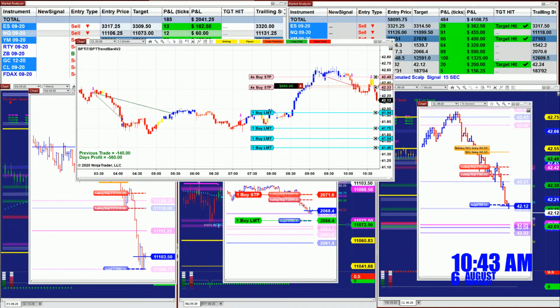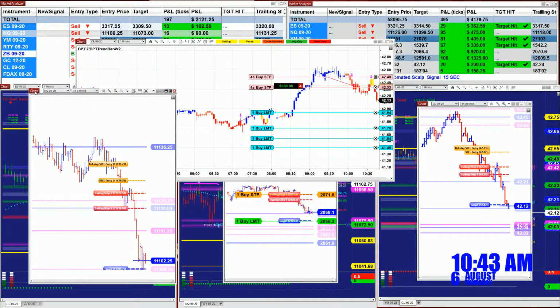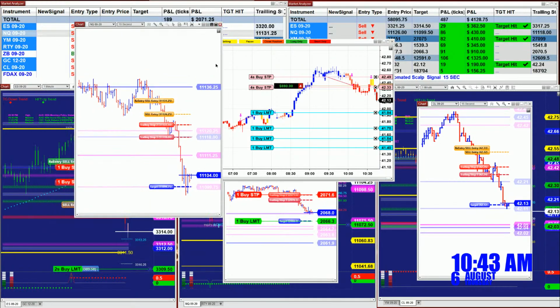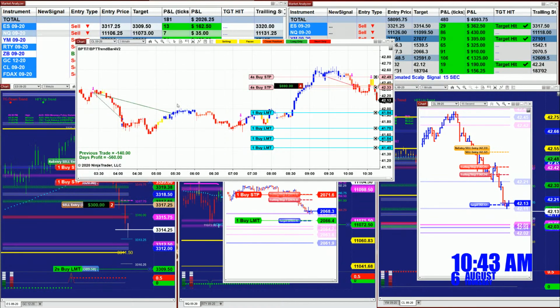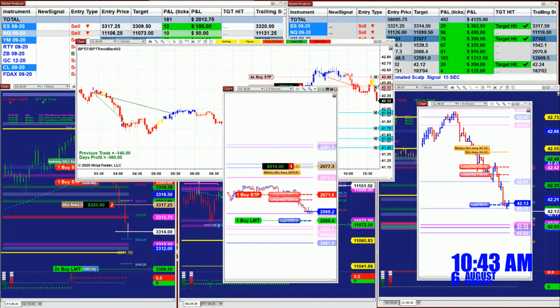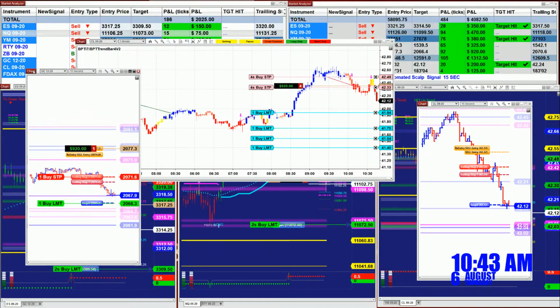This is another $1,000 trade on the Nasdaq. It is done. Look, straight to the target. It's finished. Mission is accomplished. And this is the gold, another 1,000 on the gold.